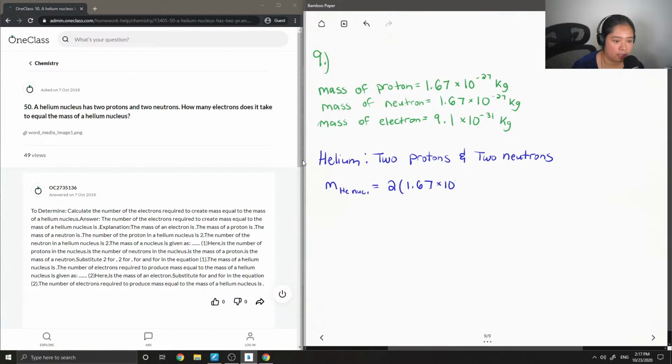So even though they're the same value, I'm just going to separate the 2 just because it's good practice.